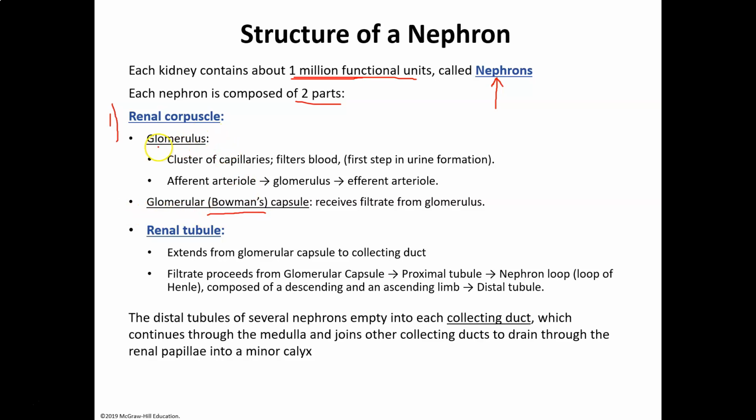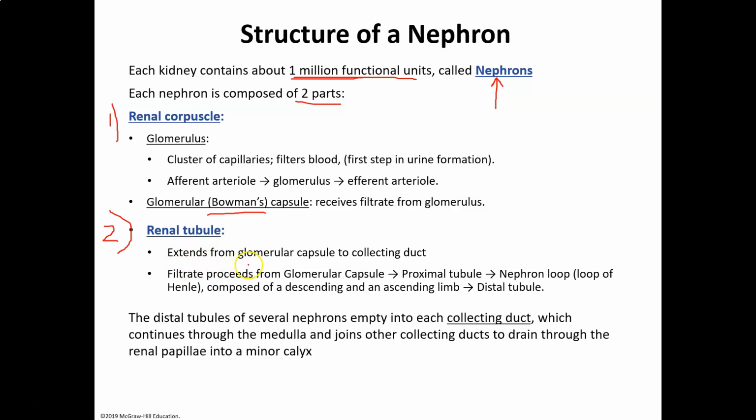So glomerulus, the tangled blood vessels, and the capsule surrounding the glomerulus. That is called the renal corpuscle. Second part, number two, coming out of the renal corpuscle are the renal tubule, or tubules. We break it up into separate sections, but these two parts are the renal corpuscle and the renal tubule.